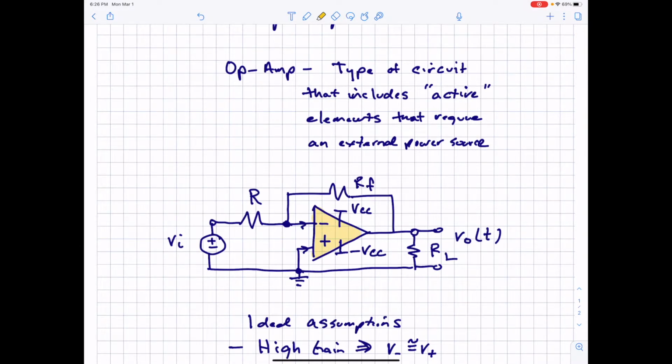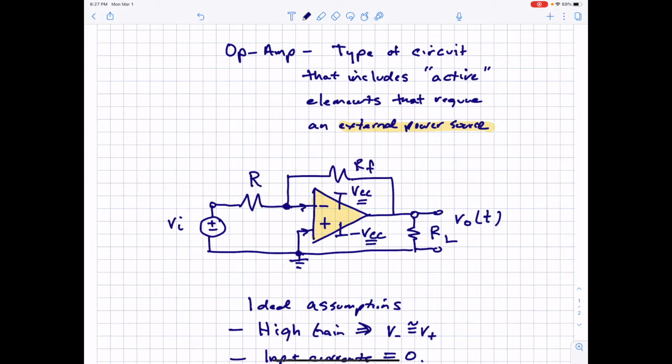And so to make all this work, you have to have an external power source so that the op amp will work properly. I've got that shown here with a VCC, maybe it's 10 volts or 15 volts. You get some flexibility on choosing that. And then a lot of operational amplifiers need a negative power supply as well, minus VCC, so the signal can swing both positive and negative.